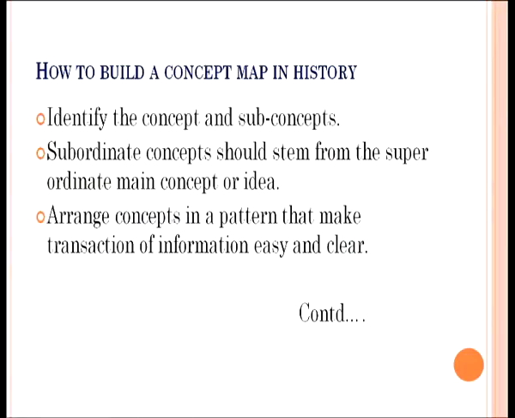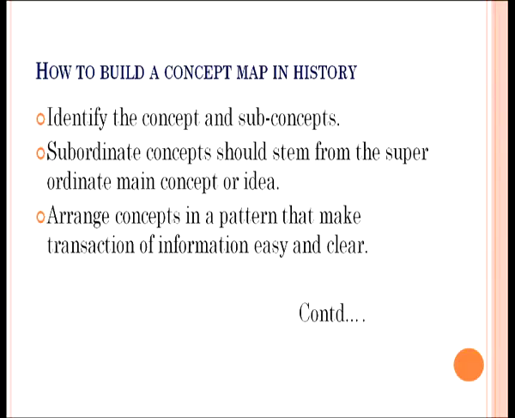Next is how to build a concept map in history. For this, first of all, you have to identify the concept and sub-concepts. Then after this, subordinate concepts should stem from the superordinate main concept or idea. That is, as we do in the hierarchical concept map or even in the flowchart, spider or systems concept map.